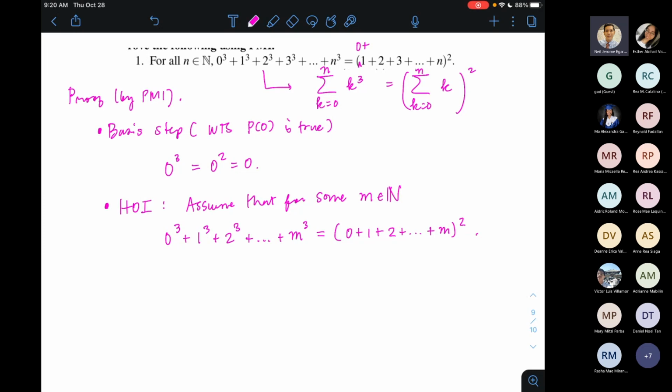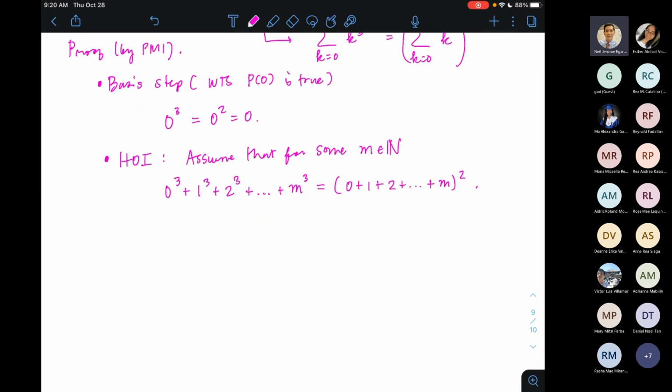And then, what do I want to show from here? Gamit yung HOI, ano yung goal natin na mapakita? Any volunteers? Okay, Mary Mitzi? We want to show po that 0 cube plus 1 cube plus 2 cube up to plus m cube plus m plus 1 quantity cube equals sa sum po ng 0 to m plus 1 quantity squared po.